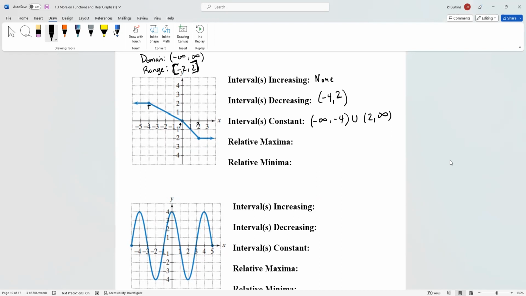Then the question is, do we have relative max or relative mins? Well, that would mean that from left to right, as we read along the graph, there has to be a point that to its immediate left and right, all of the values are either less or greater. And I don't see a point anywhere I pick here. Maybe here, for instance, the point to its left is higher, the point to its right is lower.